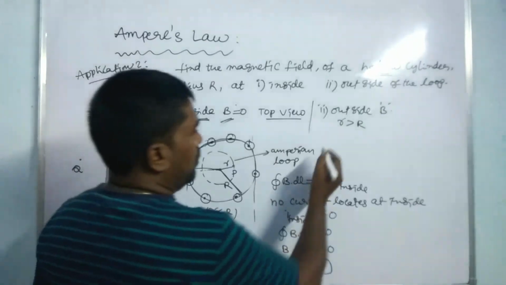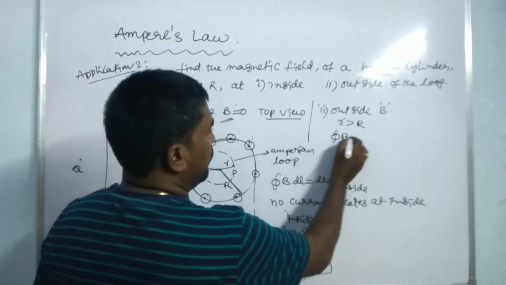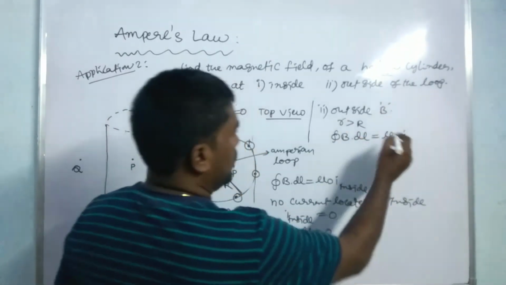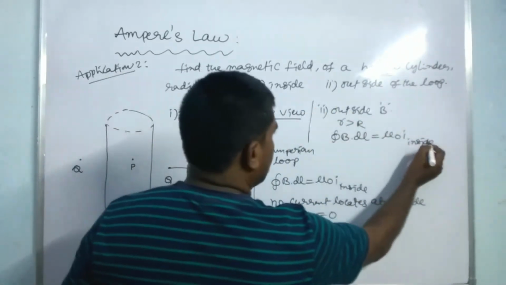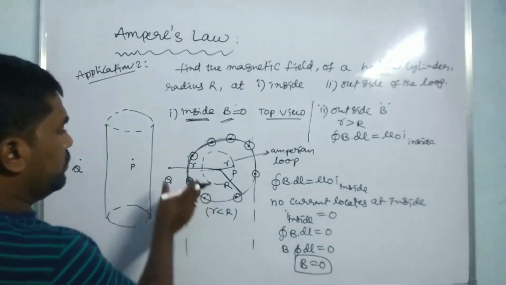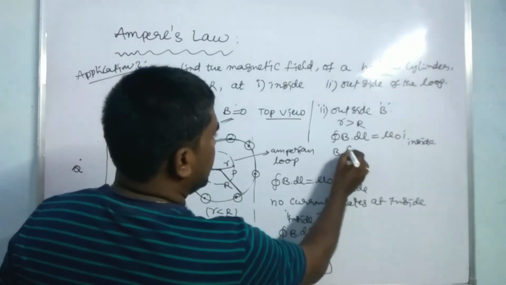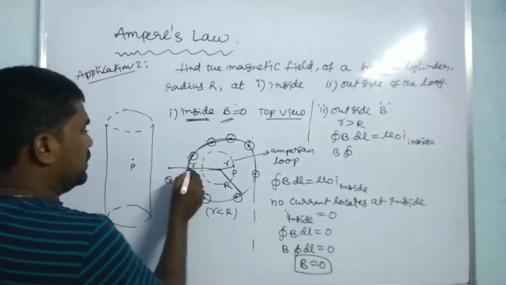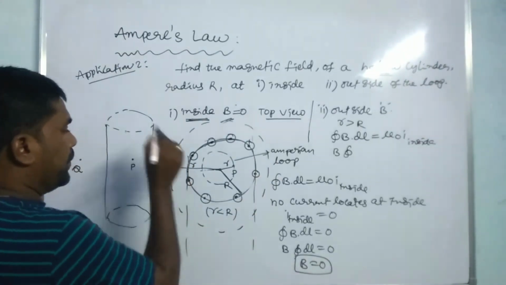Okay. So from Ampere's law, integral B dot dl is equal to mu naught times I inside. Here you can find B times the circle integral of dl cos theta, where there is the Amperian loop.